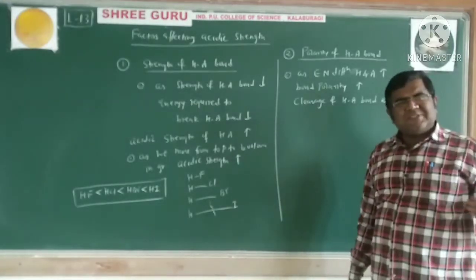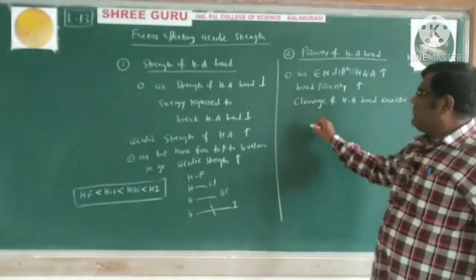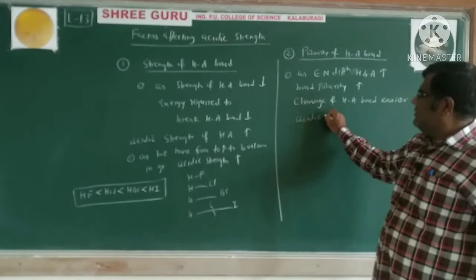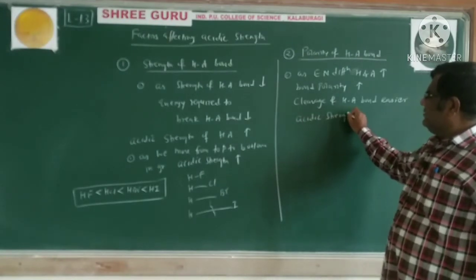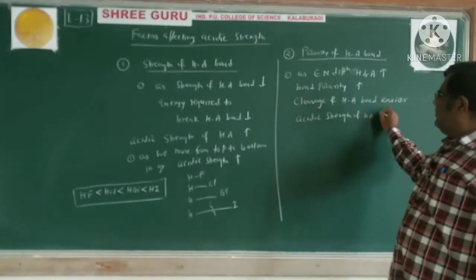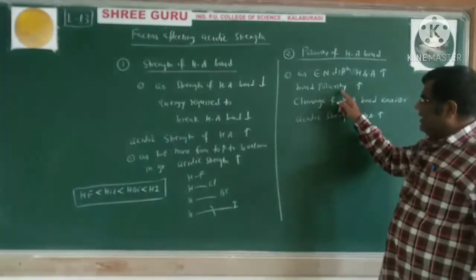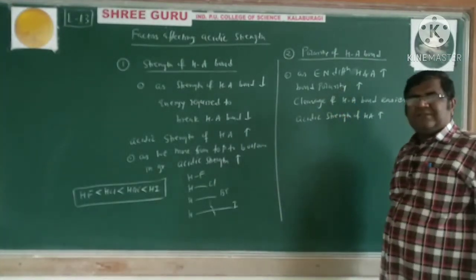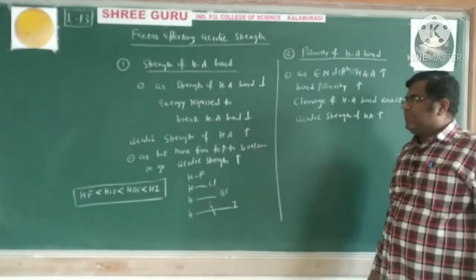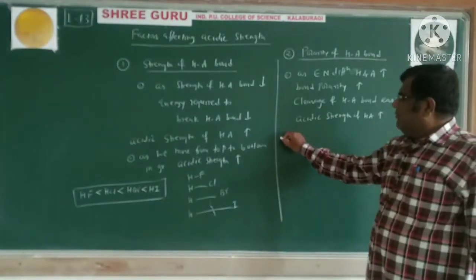Easily broken means H plus ion can release easily. And that's why we can say acidic strength of HA increases. So as bond polarity increases, acidic strength increases. They are directly proportional.